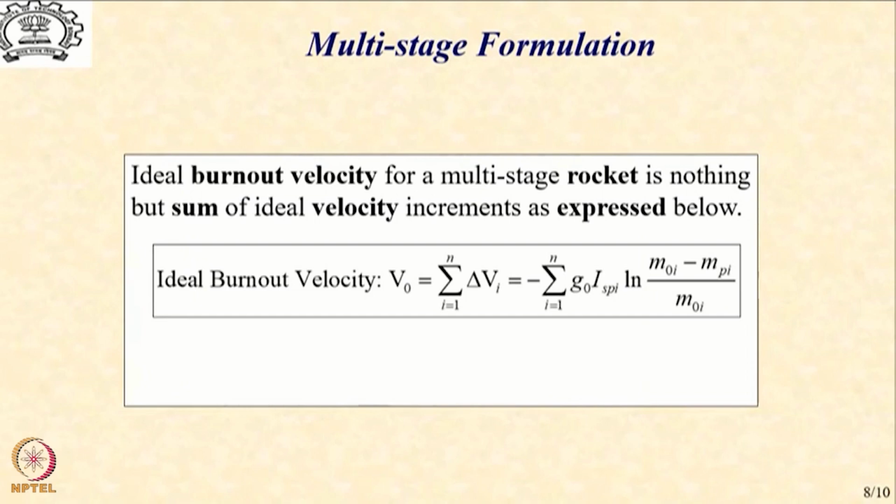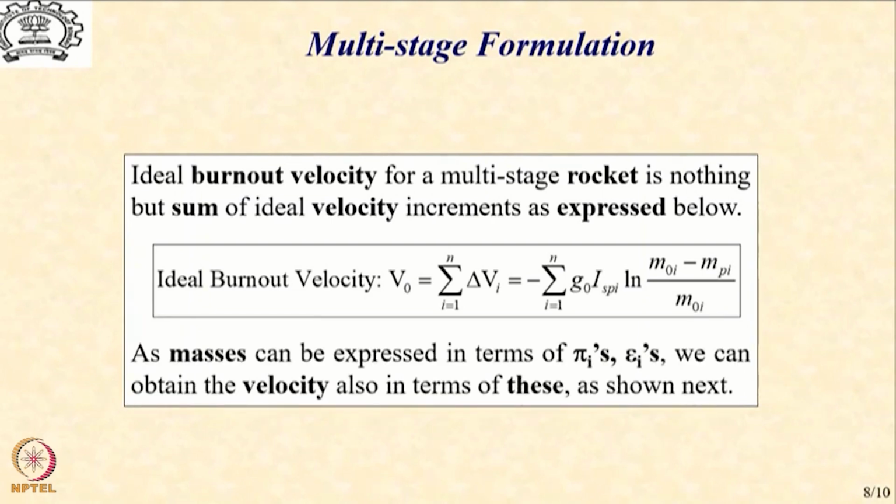I could easily invert the logarithm and the minus sign would disappear, so it does not really matter. i going from 1 to n indicates that this velocity increment is summed up over n stages. That gives us V naught or V star. Then both symbols are used interchangeably.